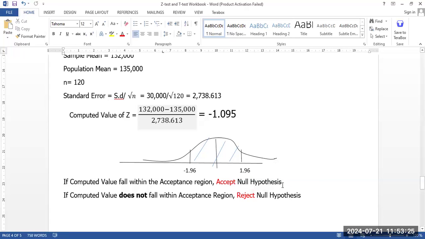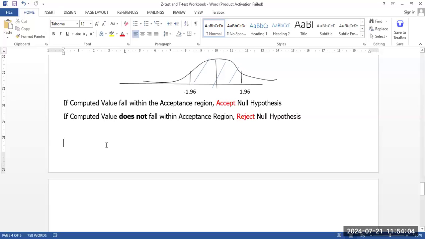But if it falls outside the acceptance region, you are going to reject the null hypothesis. Does it fall within the acceptance region or not? It falls within the acceptance region, because this is negative 1.96 and the negative 1.095 is around here. So it falls within the acceptance region.